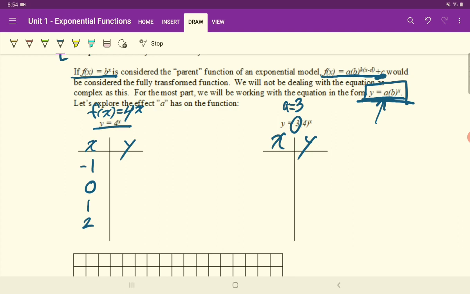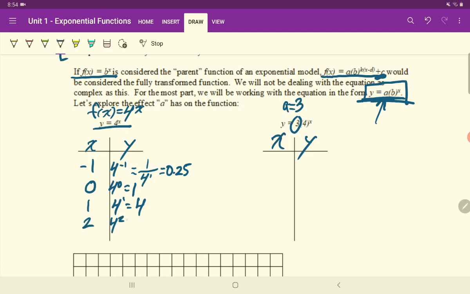Now let's take a look at what our output, or our y values, would be if we subbed those x values into our function. So 4 to the power of -1. You can do that in your calculator and you get 0.25. You can also use our exponent law. Since it has a negative exponent, flip it, and you get 1 over 4 to the 1, which is just 1 over 4, which of course we know is also 0.25. 4 to the power of 0, we know anything to the power of 0 is 1. 4 to the power of 1 is 4.